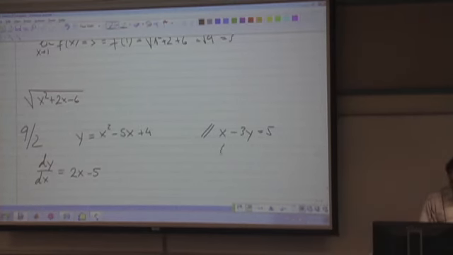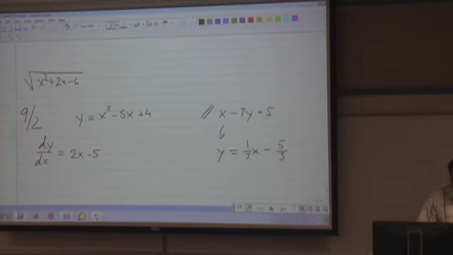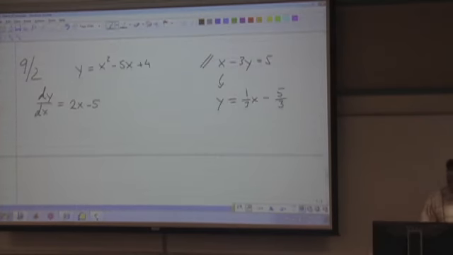So from here, y is equal to 1/3 x plus 5/3 minus 5/3, right? And so the slope is going to be 1/3, right?